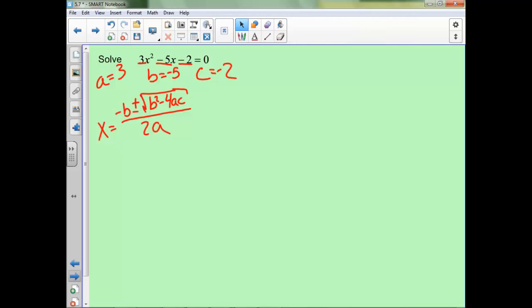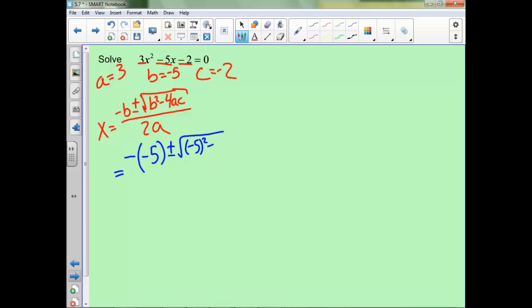So now we are going to go ahead and solve this equation using our quadratic formula. So negative, our b is negative 5, plus or minus negative 5 squared minus 4 times 3 times negative 2, all over 2 times 3.